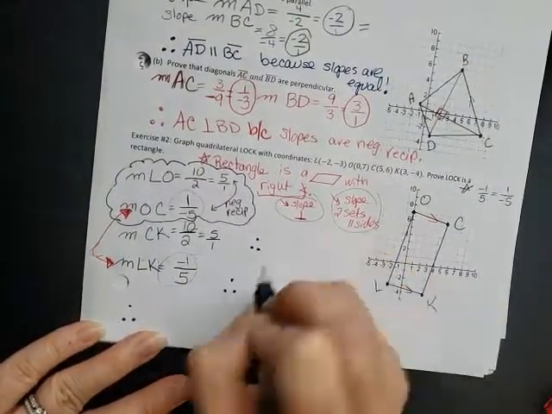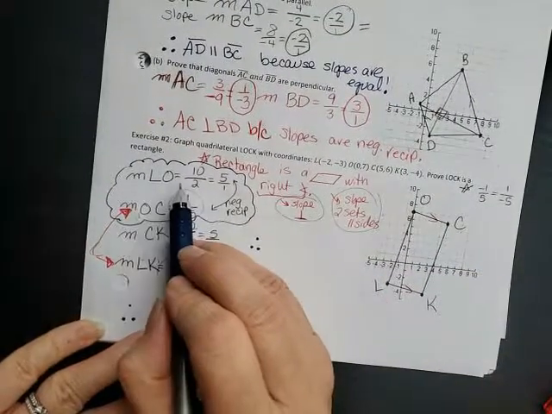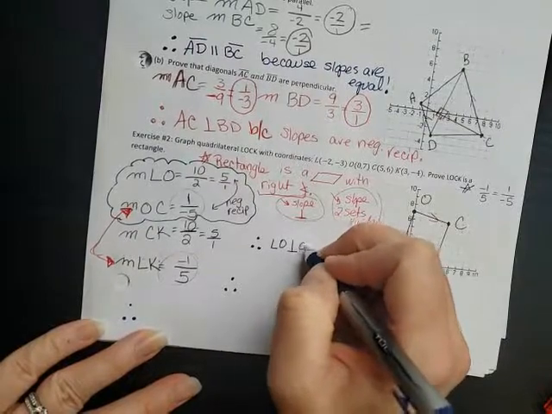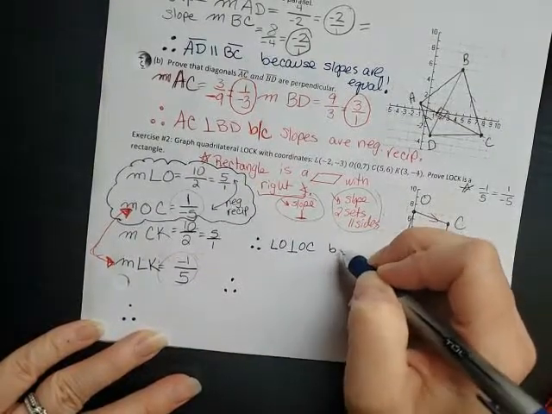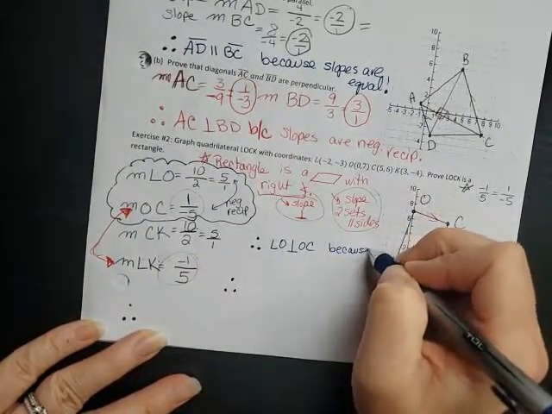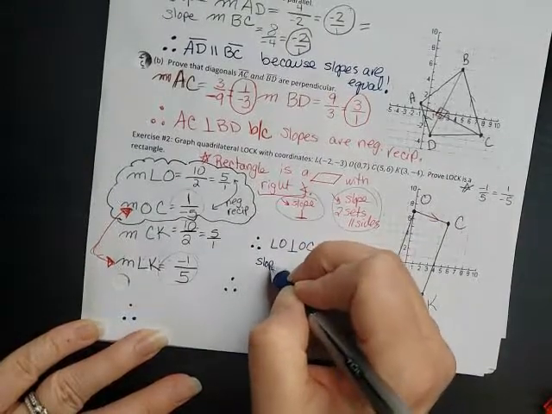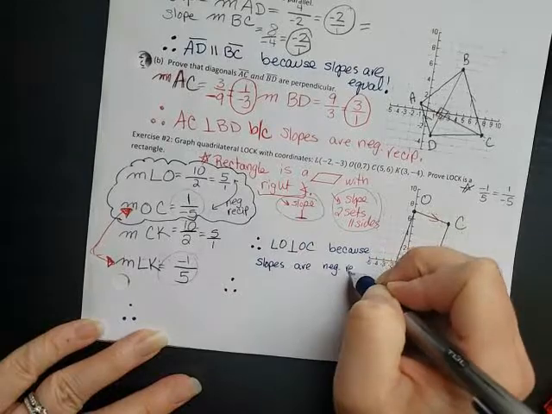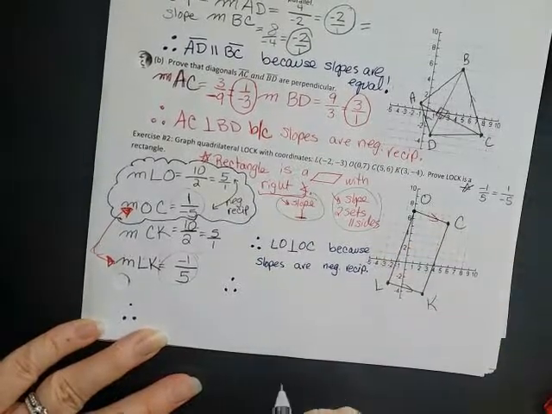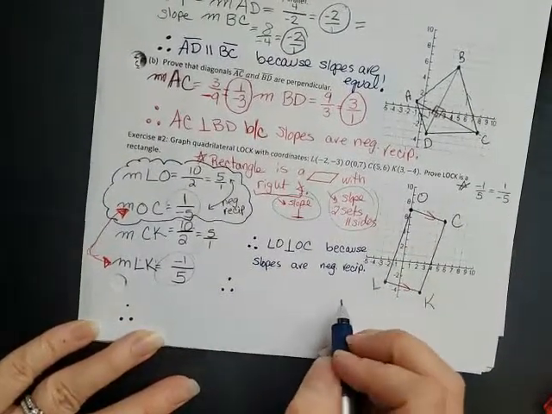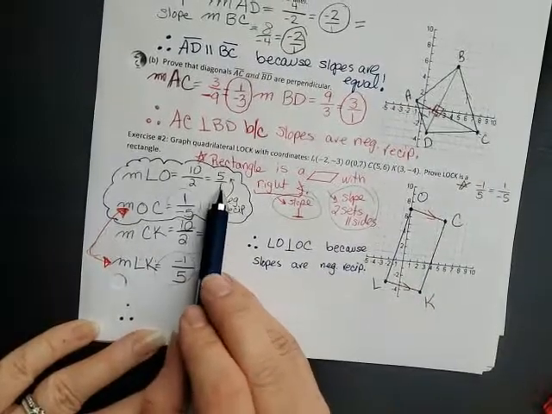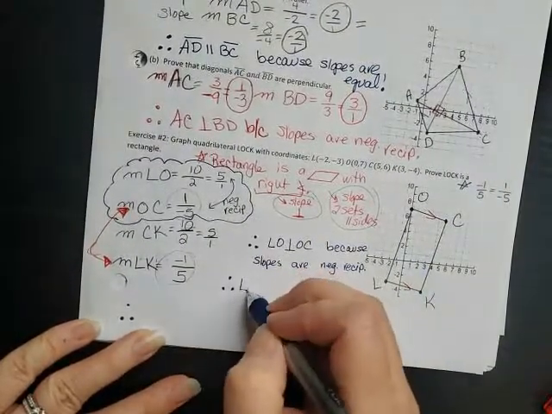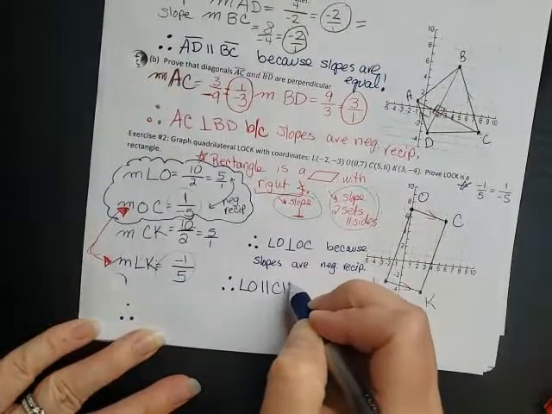Our first one is going to say that LO and OC are perpendicular because slopes are negative reciprocals. The next conclusion is going to tell me what lines are parallel. Well, this 5 over 1 and this 5 over 1 are equal, so I know that LO is parallel to CK.